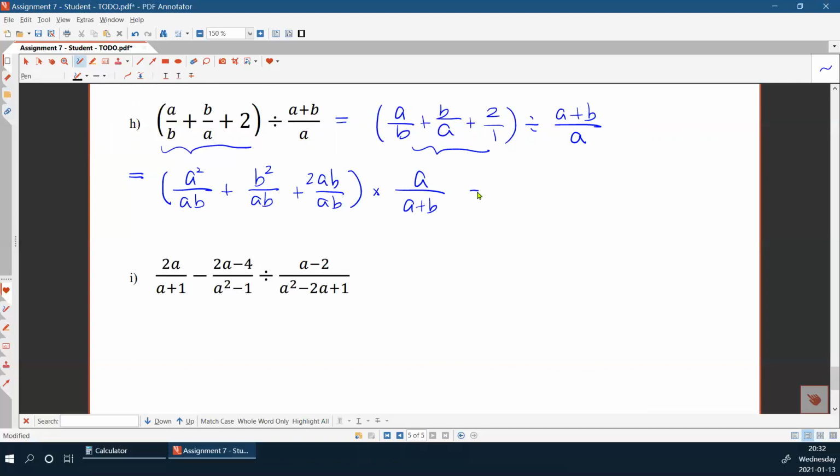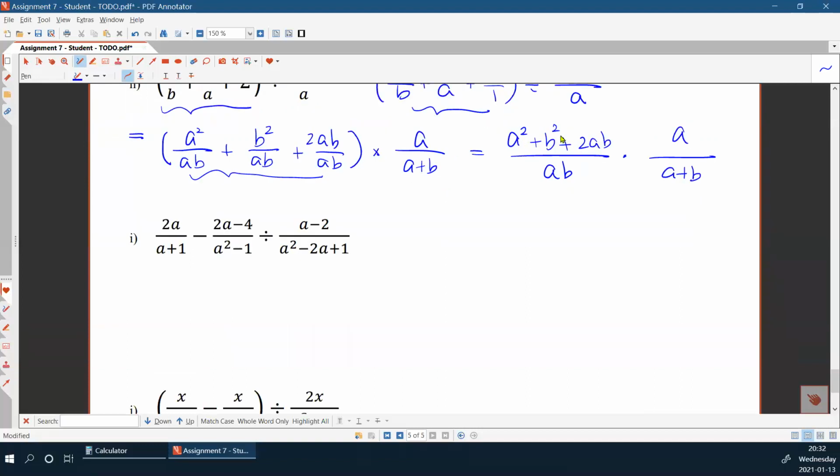Now these 3 terms can be combined together: A squared plus B squared plus 2AB over AB, times A over A plus B, right? And now you can see that we're using the same formula here. A squared plus B squared plus 2AB is A plus B as a whole to the 2nd power.